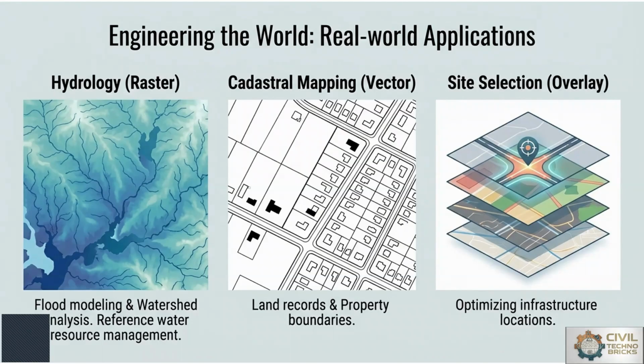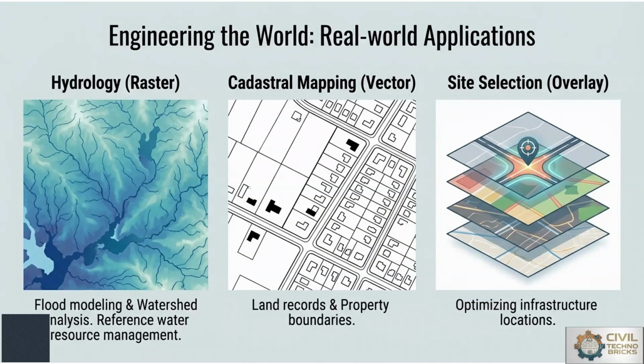Moving towards cadastral mapping, using vector data, where land parcels, roads, and property boundaries are represented using precise points, lines, and polygons. This method is widely used for land records, urban planning, taxation, and legal boundary management. Site selection uses overlay analysis, where multiple GIS layers such as transportation network, land use, slope, soil, vegetation, environmental constraints, etc., are combined to identify the most suitable infrastructure location for any construction project.